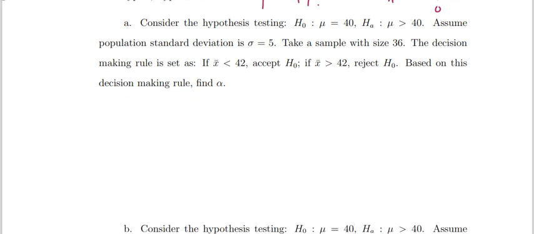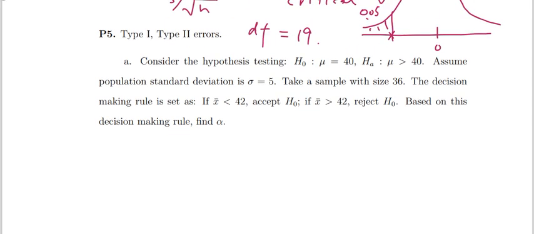Okay. So for these problems, we have type 1 and type 2 error problems. Once we have the cutoff point, we can determine whether this decision-making rule is good or not so good.